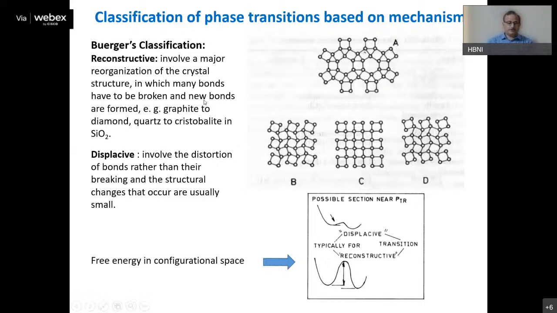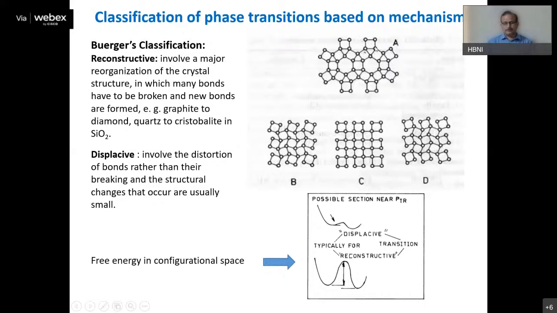Whereas there could be phase transitions which involve very little movement of atoms, involving the distortion of bonds rather than breaking, and the structure changes that occur are usually very small. For example, in this cartoon, you can see if you have a structure like A and this is to be transformed to B, C, or D, many bonds have to be broken and some new bonds have to be formed.